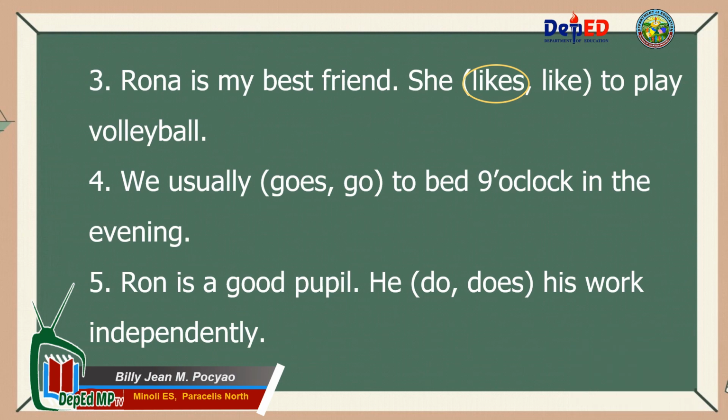The correct verb is go. Number 5. Ron is a good pupil. He does his work independently. The correct verb is does.